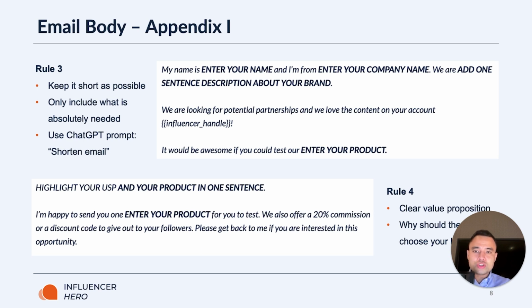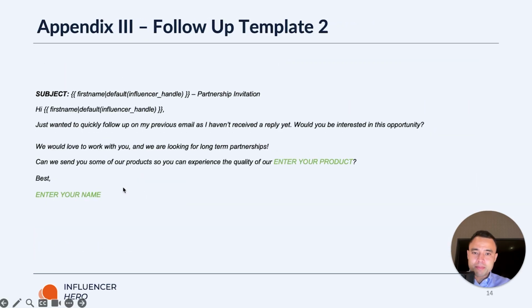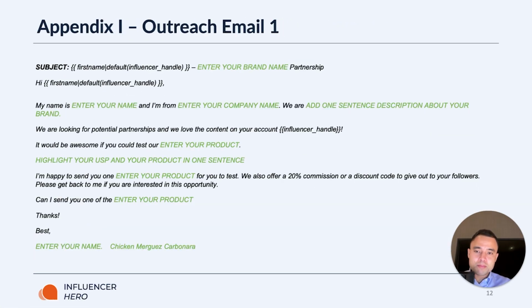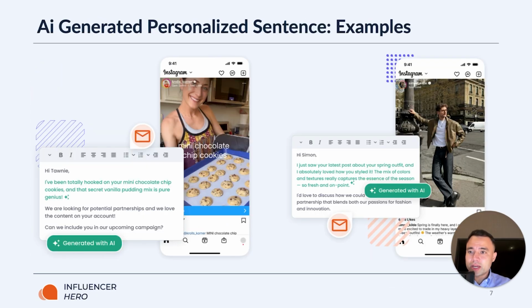Just make sure to reduce it to the most important elements of your email, which are covered in the template, right? So you just need to fill in the green parts, but highlight your USP. Don't write a paragraph of 10 sentences. Avoid that, please. One to two sentences max. The shorter the better, actually, just to the point. Okay, so that's rule 3.